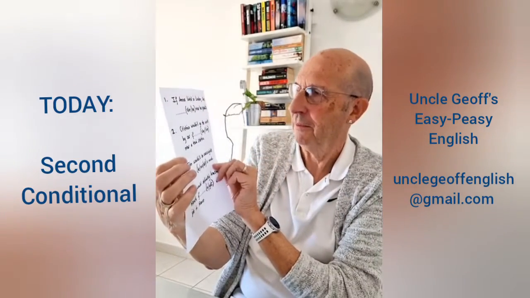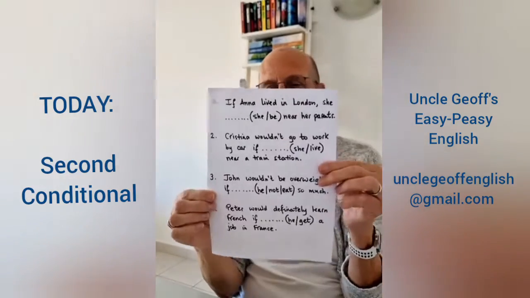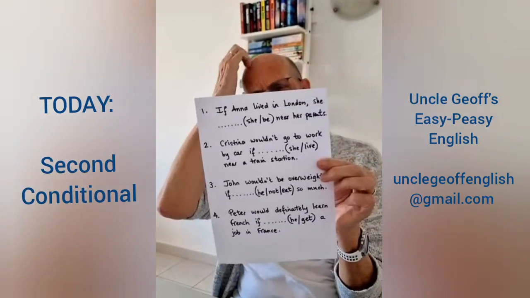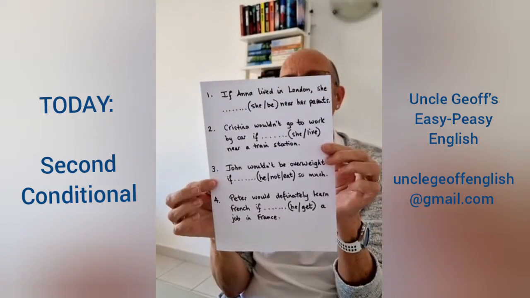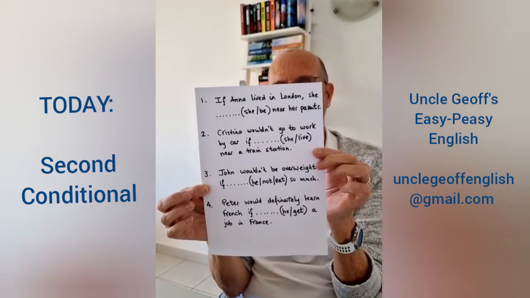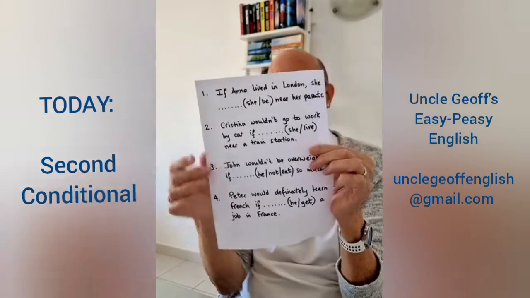What do you think? Yeah, so she and be. Have a think. Write down your answer somewhere. Oh, you need a paper and pen. So if Anna lived in London, she near her parents. Missing words? Word or words? Have a look at number two.